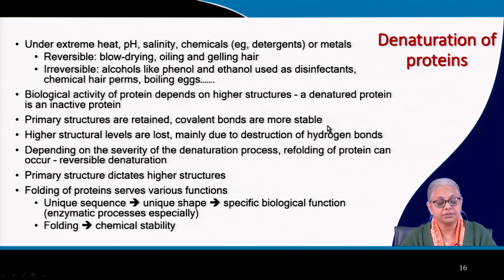The covalent bonds are stable. It's the higher level structures that are irreversibly lost, and that is basically due to destruction of these hydrogen bonds. Depending on the severity of the denaturation process, you can cause refolding. Like I said, your hair is the best example of reversible as well as irreversible changes in the structure of the protein. That's keratin.